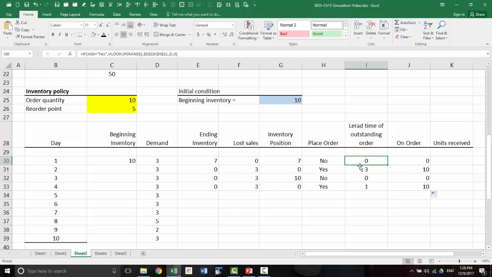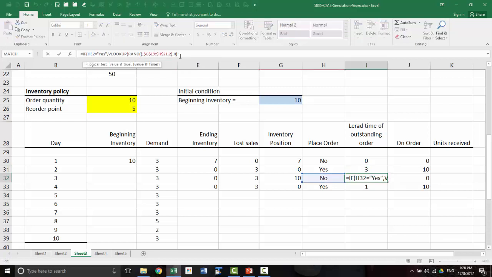So let's set up the formula here, and then we can copy that formula up there. All right. So now, here we did if this was yes, then we had a lead time. Otherwise 0, right? So that 0 part is what we need to change.